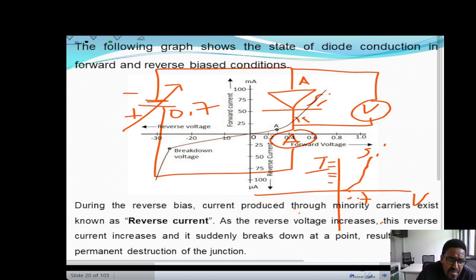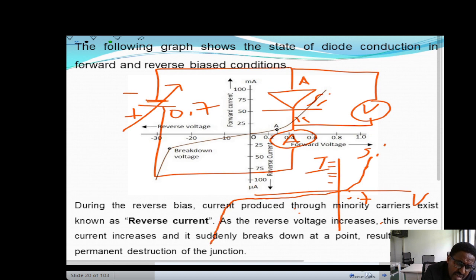During this time, when the reverse voltage increases, by means of minority carriers we get a few currents. But when we increase the reverse voltage, the reverse current also increases, but suddenly there is destruction of the diode. That means the diode is permanently damaged.